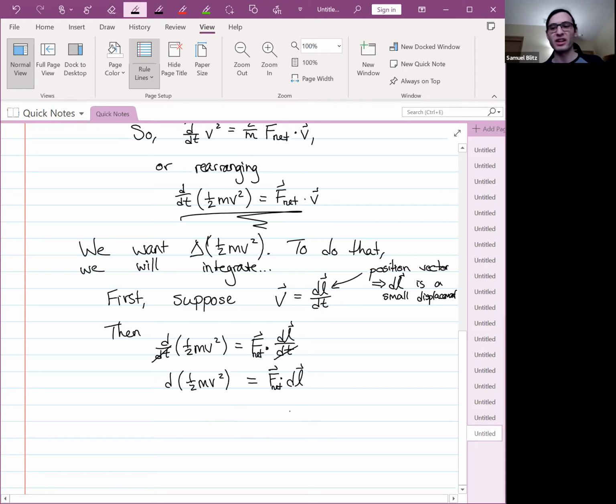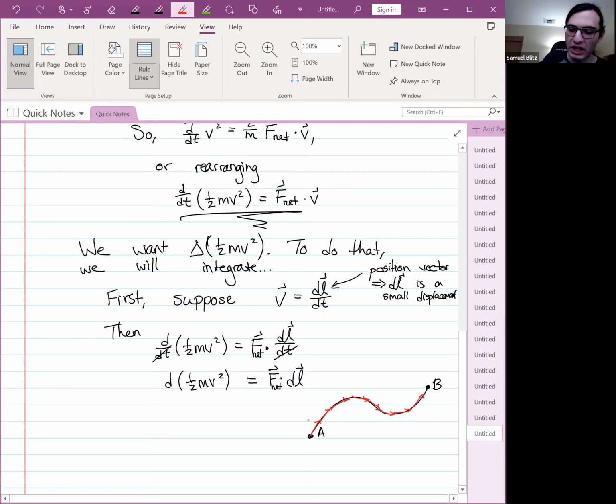However, dL doesn't have to always be the same thing. dL is a small amount of displacement. So you can imagine if an object starts at position A and ends at position B, then at various points in time the small displacement vector is going to point in different directions depending on where you are along the path.